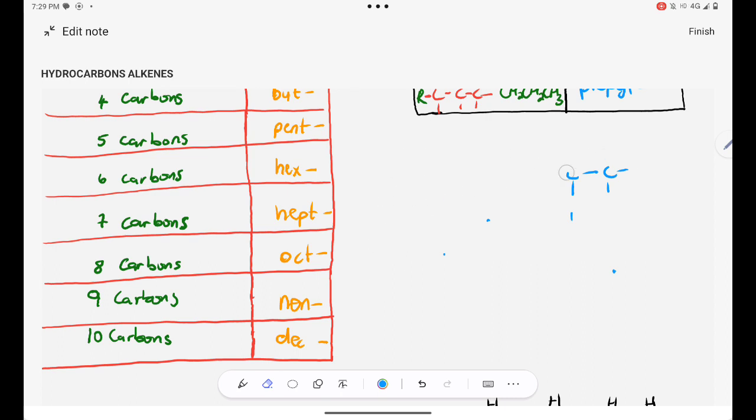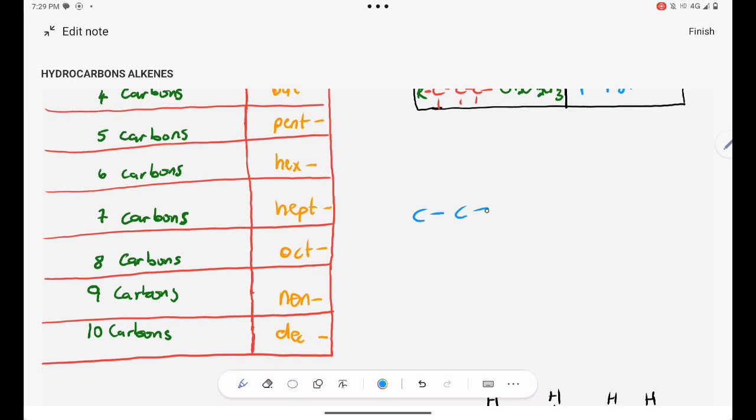Sometimes you might have two double bonds on your structure. Maybe you have a structure like this. Your structure is just like this. You'll obviously count from the terminal which is closer to the double bond. So this will be carbon number 1, 2, 3, 4, and 5.